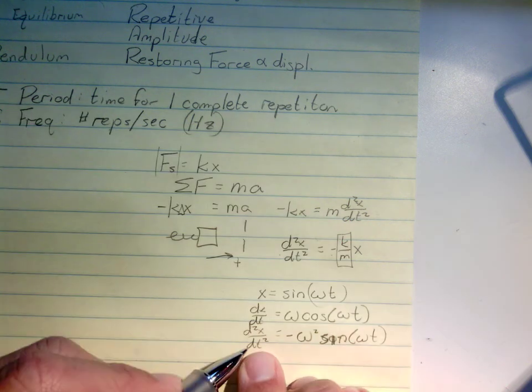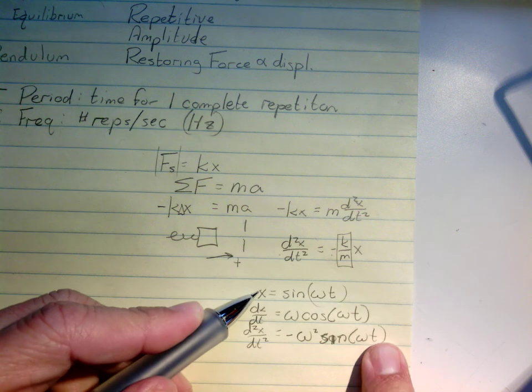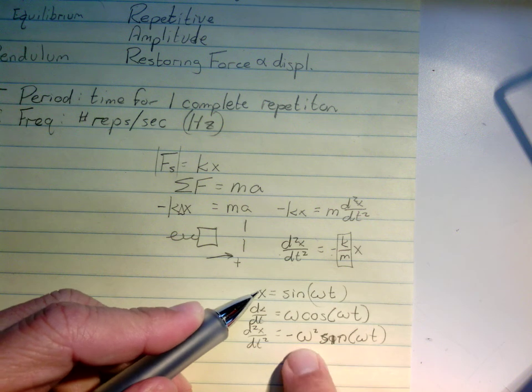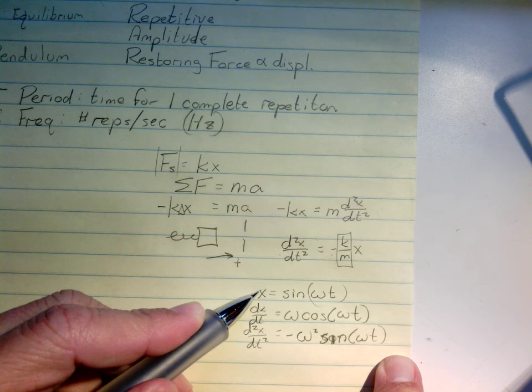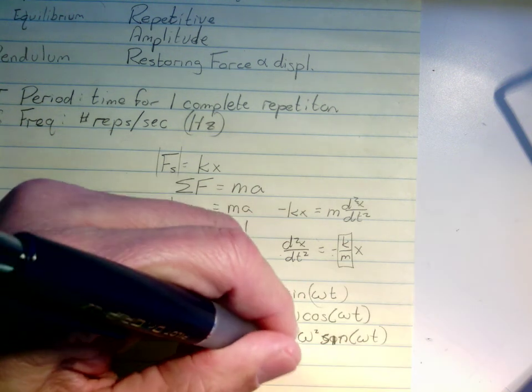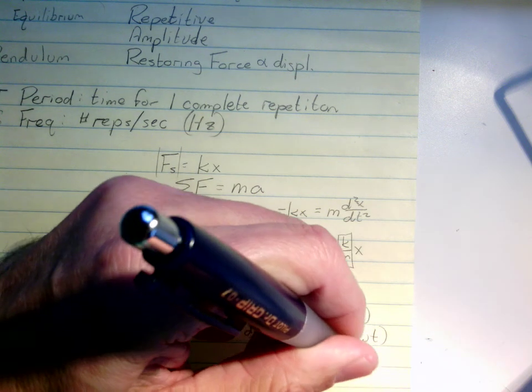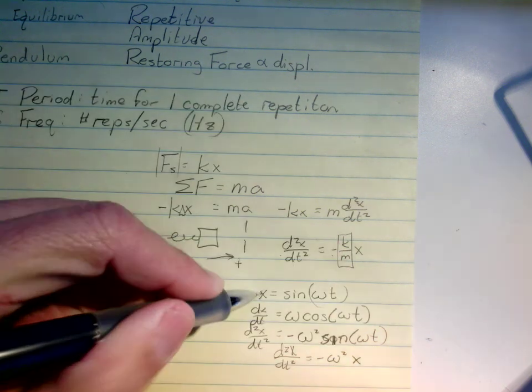So you can see the second derivative here is some negative number times x, times our function. So let's rewrite that: d squared x dt squared equals negative omega squared times x.